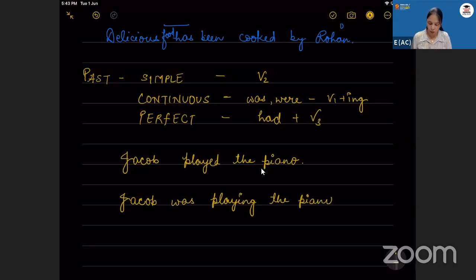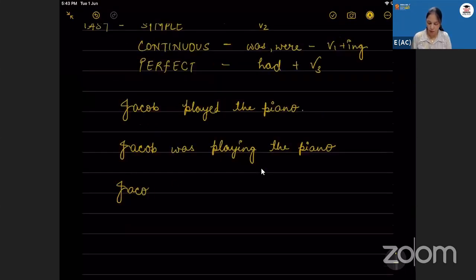And Jacob had played the piano. Okay, first conversion. Who is telling? Anybody, just tell me your name and answer.